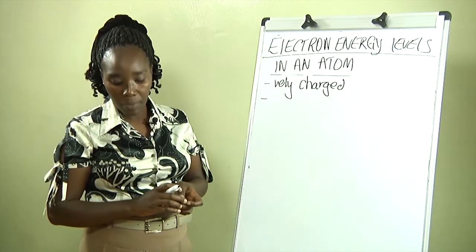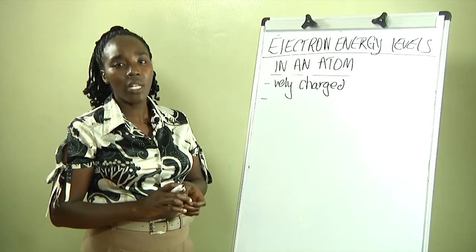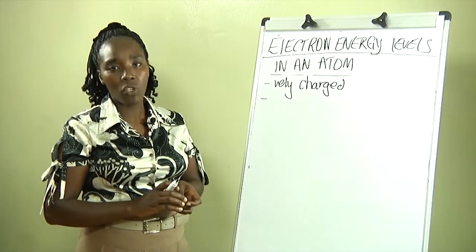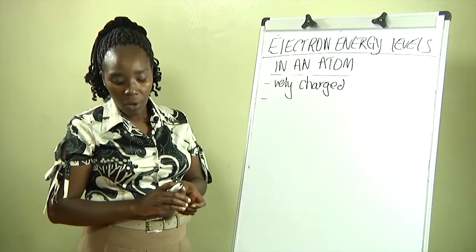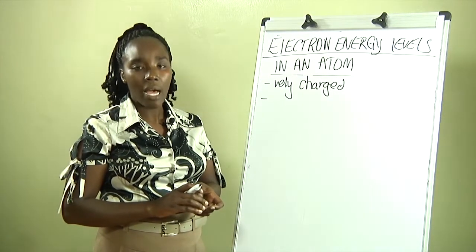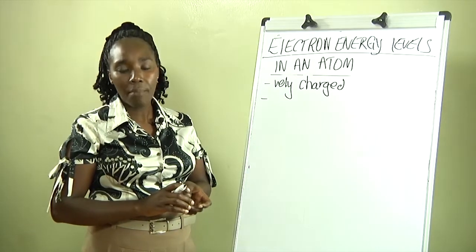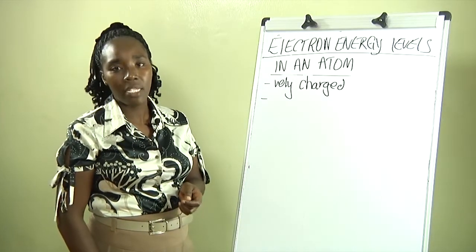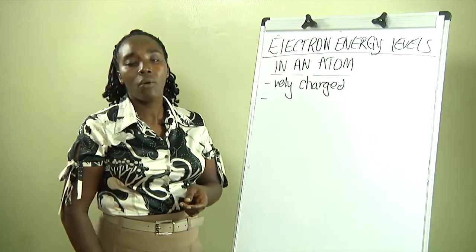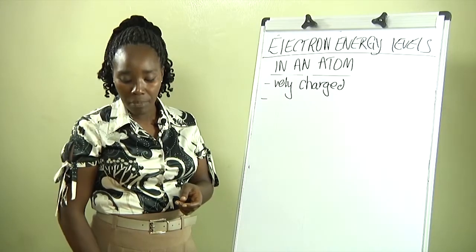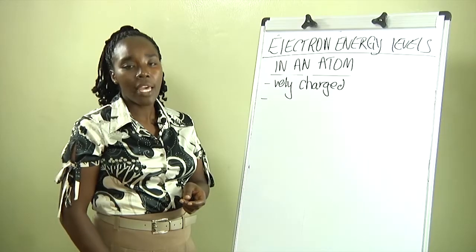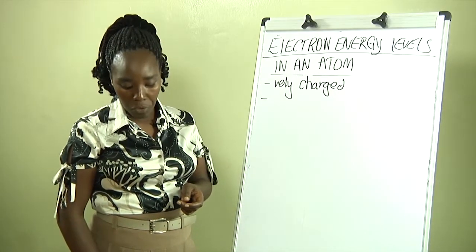The position at which an electron occupies on the shell, and the number of electrons occupying the atom, determine the way an element is going to behave. So the properties of an element or an atom are determined mainly by the electrons, and the electrons occupy the outermost part of an atom.